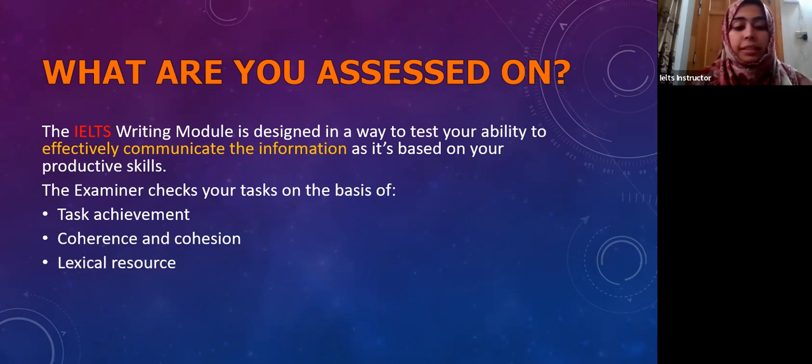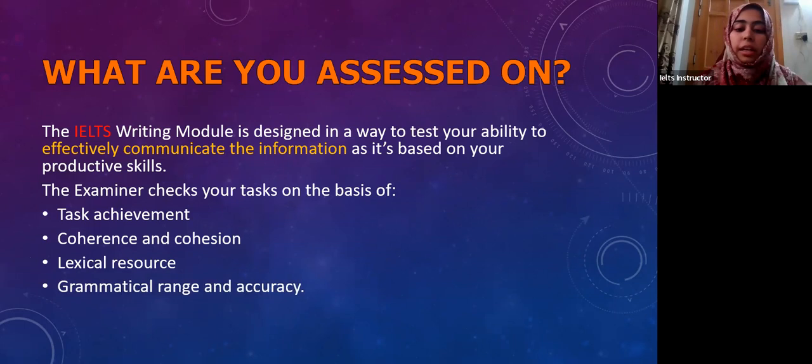And the third one is lexical resource, or in simple words, you can say vocabulary. So your vocabulary should be very good. You should use different kinds of words. You should have a good grip on a wide range of vocabulary. That can also give you some bonus points. The fourth one is grammatical range and accuracy.